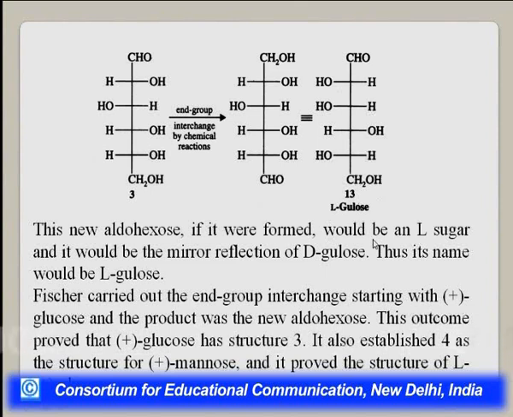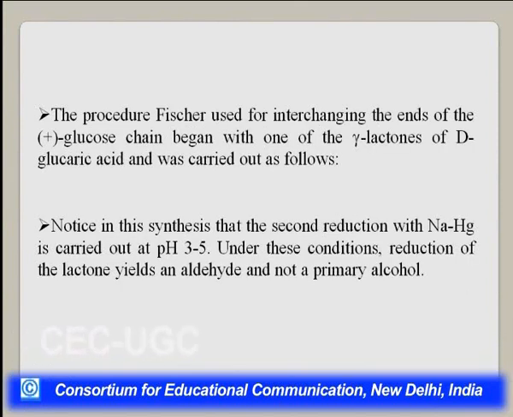Here he proves 3 structures: D-glucose, D-mannose, and L-glucose. The procedure Fischer used for interchanging the ends of the glucose chain began with one of the gamma lactones of D-glucaric acid. Notice in this synthesis that the second reduction with sodium amalgam is carried out at pH 3 to 5. Under these conditions, reduction of the lactone yields an aldehyde and not a primary alcohol.